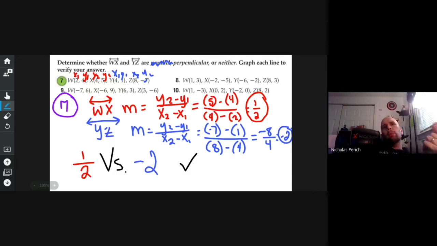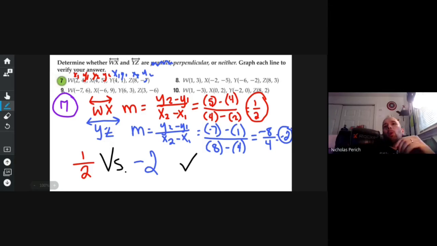And 2 can be written as, how can I rewrite 2 if I wanted to turn it into a fraction? 2 over 1. So is 1 over 2 and 2 over 1 flipped? And is 1 negative and 1 positive? I will give you 10 more seconds.